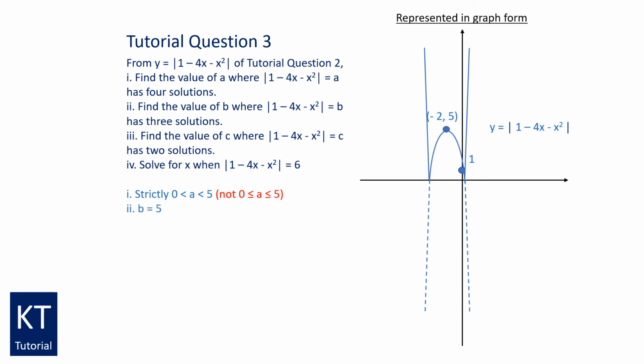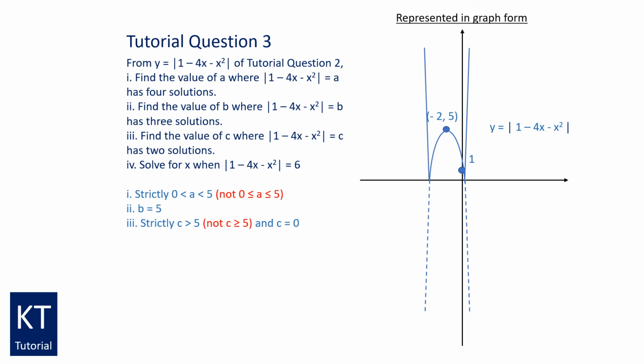As for the value of b, we now need to scan where we could position a horizontal line that cuts the blue graph at 3 different points. This is possible when we position the horizontal line at the level of y equals 5. This makes the required b equal to 5.